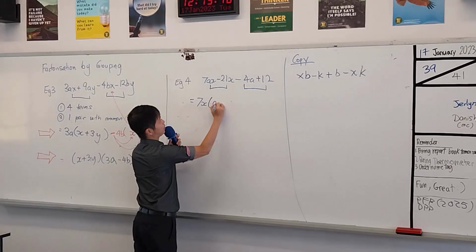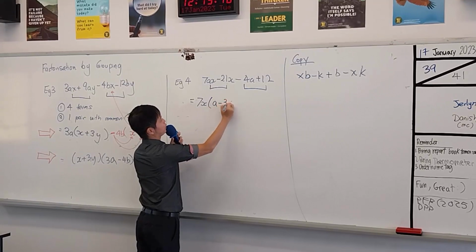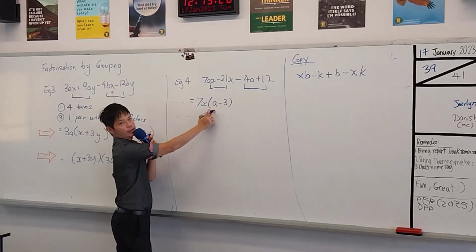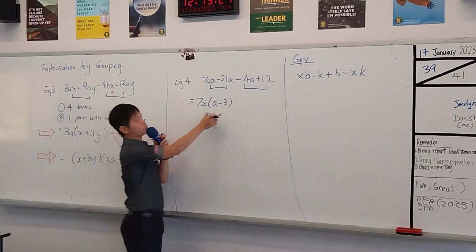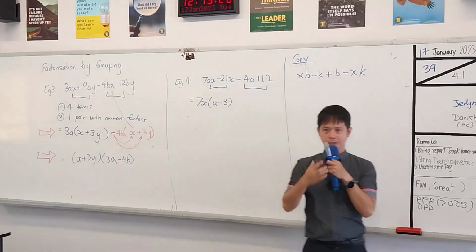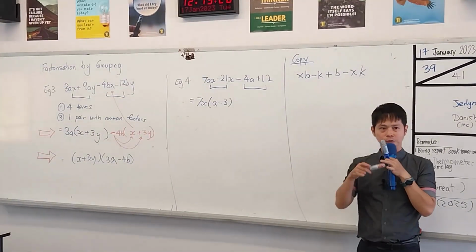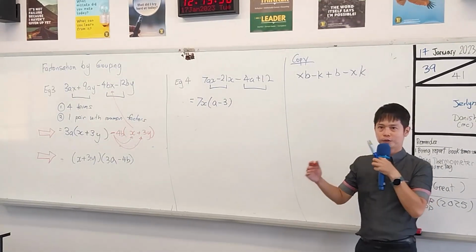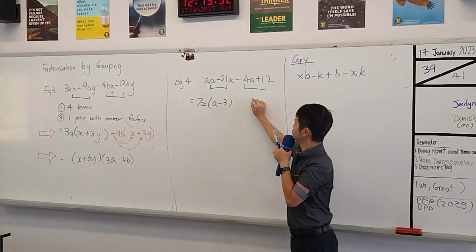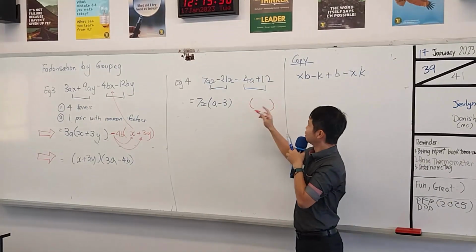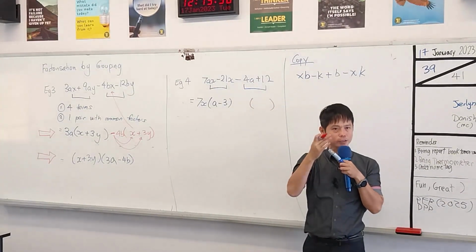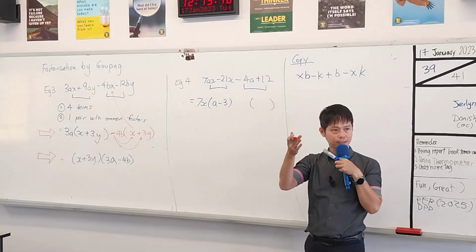Otherwise, no matter what you do, you will still get it wrong. So I will have a minus 3. Just double check. 7ax minus 21x. So what do I do with this bracket here? The a minus 3, what do I do? What should I put here? Yeah. Okay, the reason is so that we are not stressed by the plus minus sign.